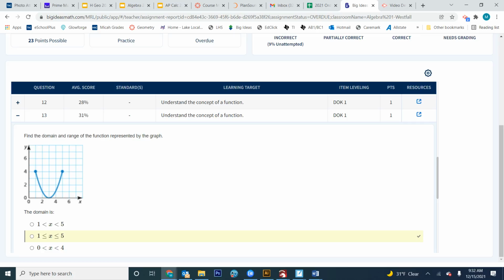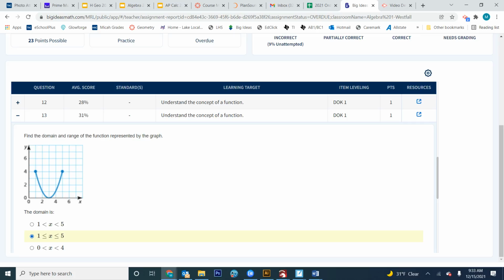So my domain is how much it covers left to right. Remember, x is in the middle. What's my lowest x value, guys? And it goes to 5, but it's less than or equal to. So that's what I'm looking at. It's right here. This would be the answer for my domain. Does everybody see that? It's left and right coverage.